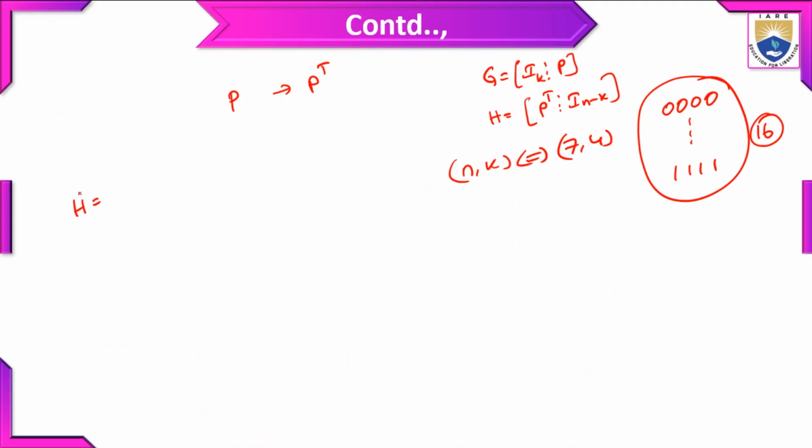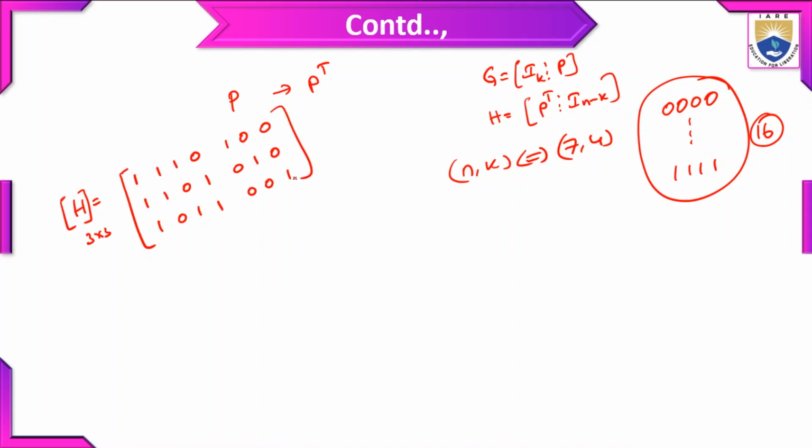So here I am going to write my parity check matrix. What is the size? 3 by 7, 3 rows, 7 columns.